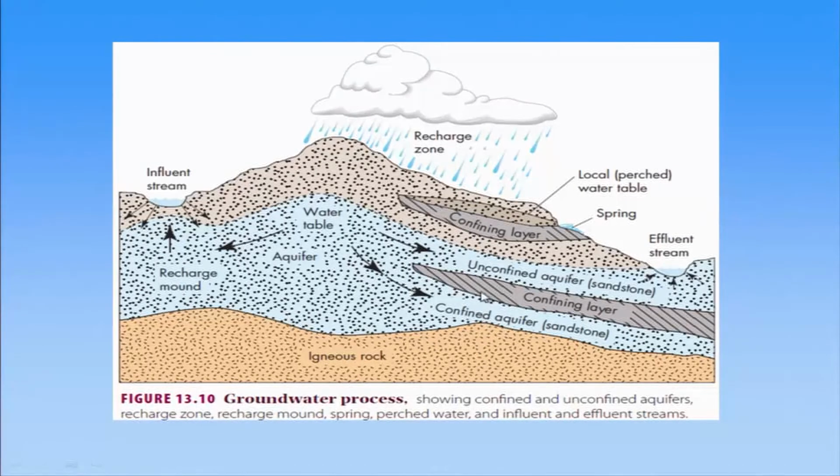We have a confined aquifer and an unconfined aquifer between the different layers, and of course it also shows the perched water table, which is above the normal water table, as we can see here.